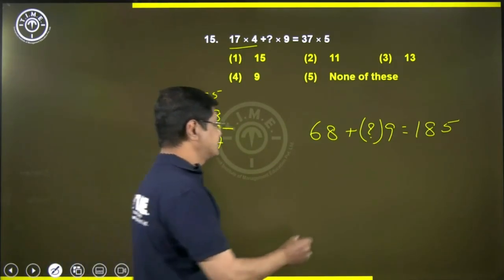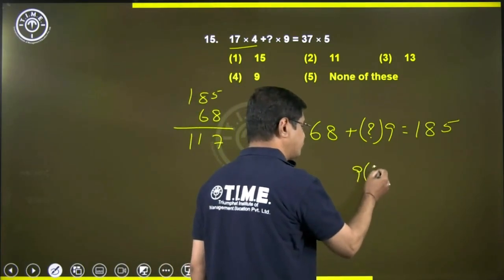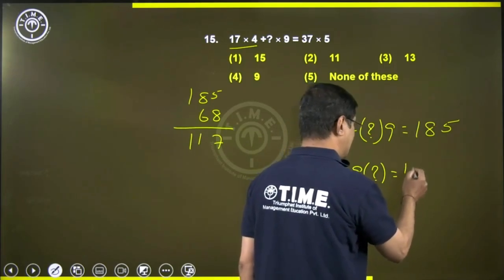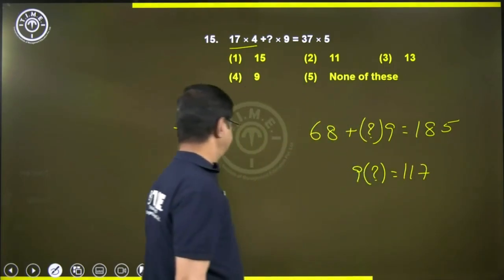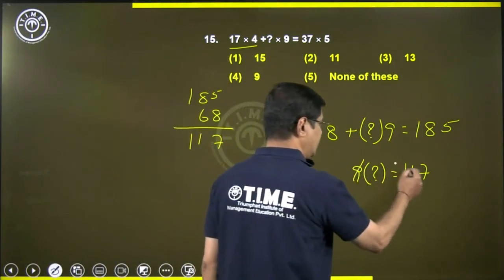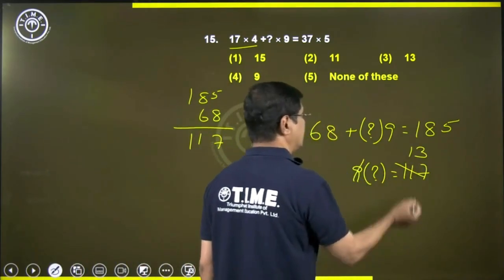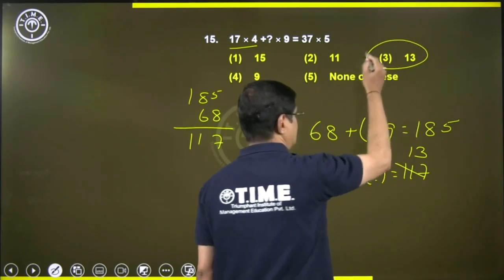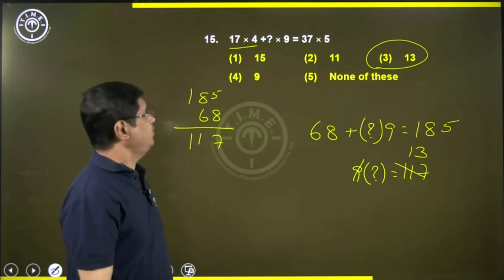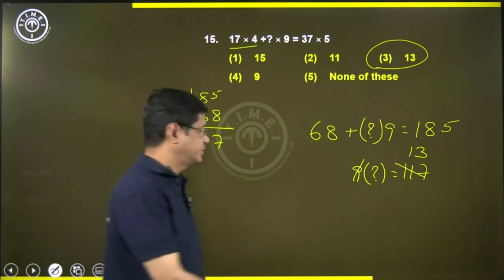The result is 9 times question mark is equal to 117. Now 9 goes how many times? Here it goes exactly 13 times. What is the answer choice? Option 3. Third choice is the right answer.